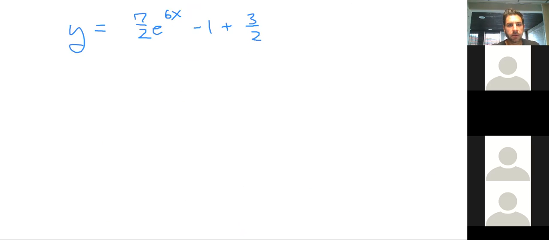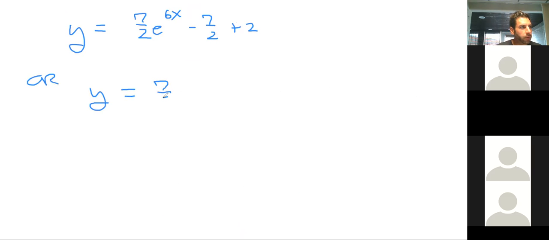I'm getting ahead of myself. I know the answer, that's why. So it's minus 7 halves if I distribute, plus 2. And then I can write this in all its beautiful glory, 7 halves e to the 6x. And then what's 2? Well, another way of writing that is 4 over 2. So this becomes minus 3 halves.